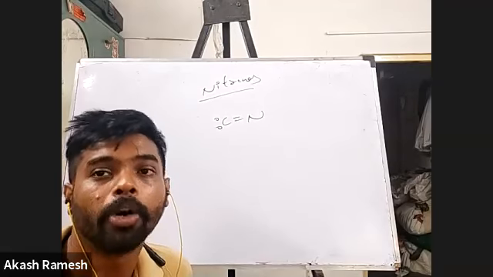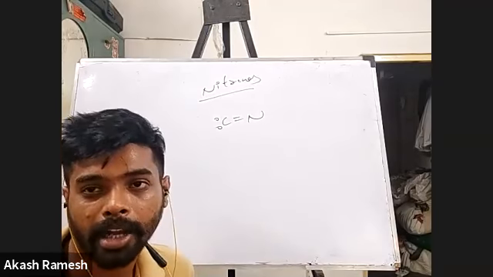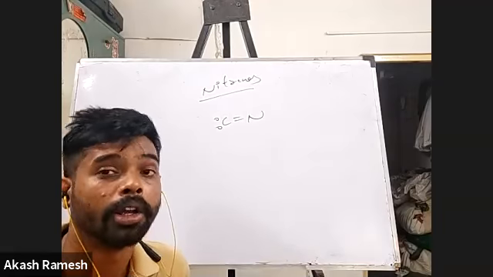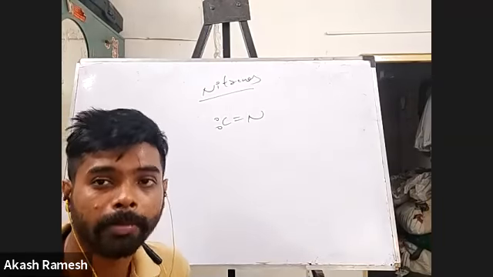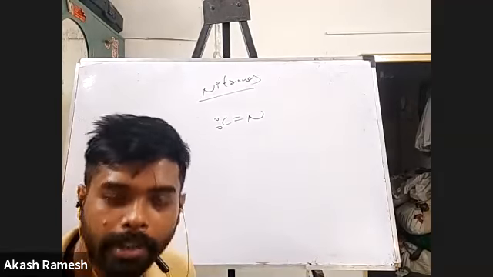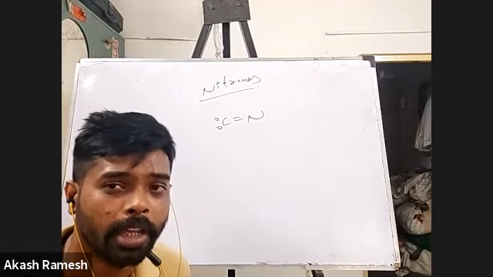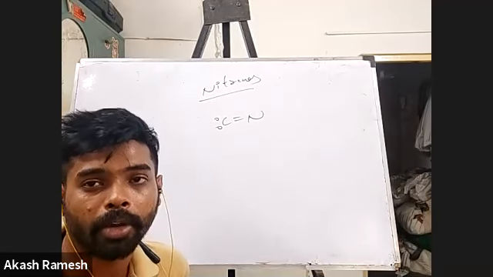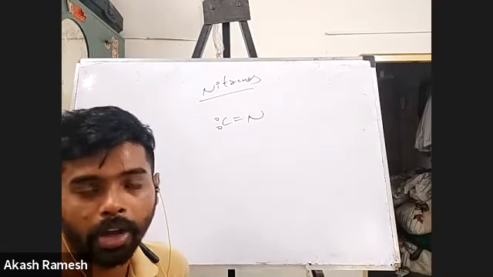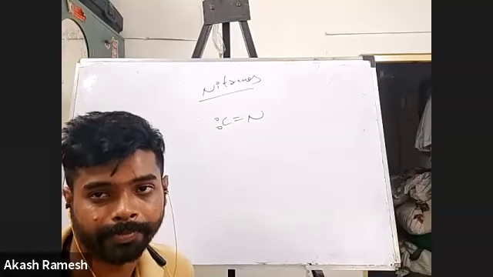Basically, why is it formed in more amount, and why is the other carbocation formed in less amounts? That you will be able to decide based on stability. Obviously, the more stable carbocation will be formed in majority, and the less stable carbocation will be formed in minority, and accordingly, the product formation also occurs.